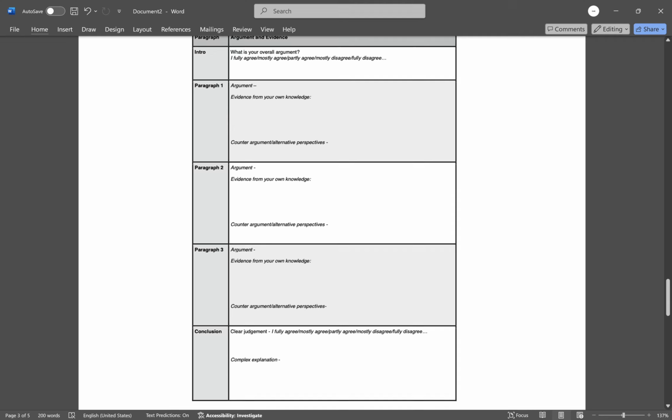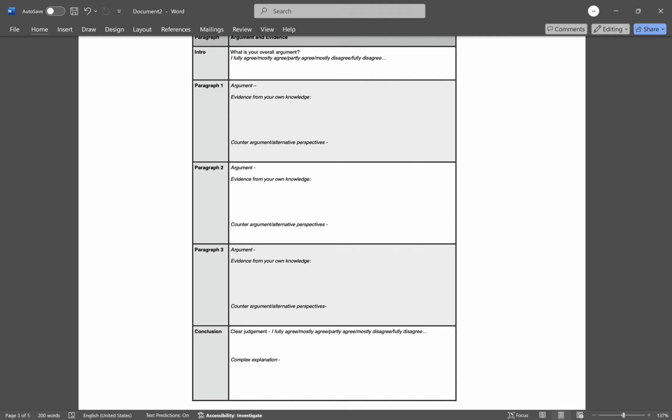So first you can talk about what is your overall argument, and for intros, it is good to start with saying, I agree to a certain extent, or I agree to a limited extent, depends what you think for each question, and then state your 3 main factors that you are going to be talking about in your essay.